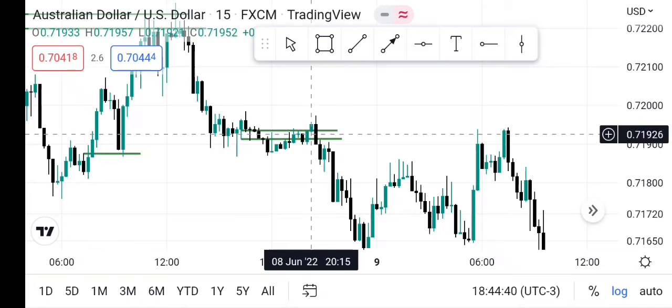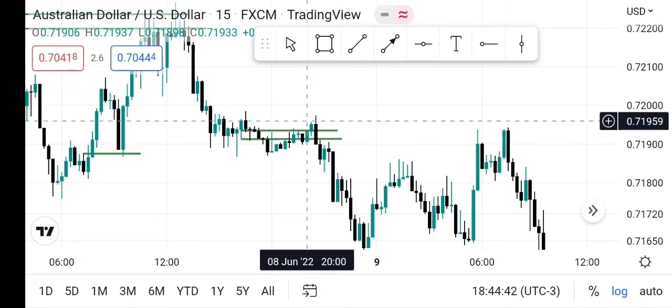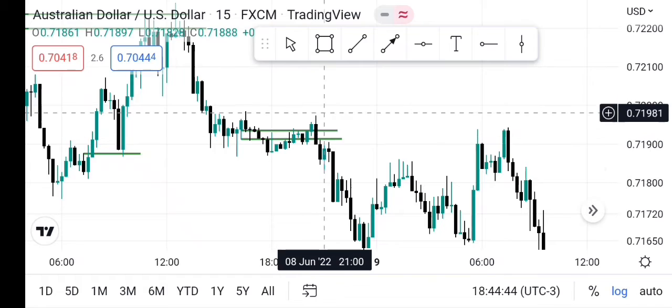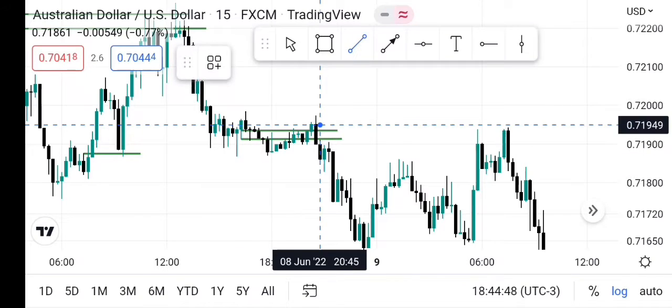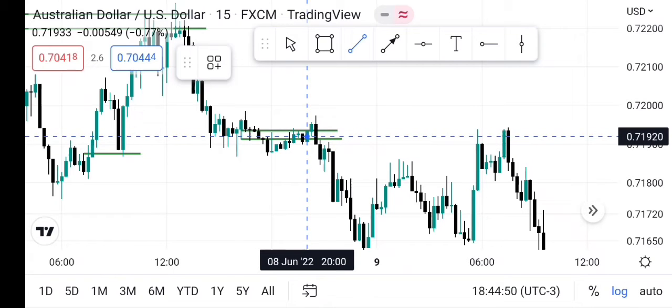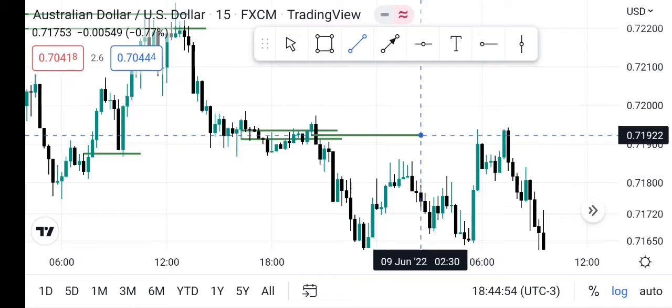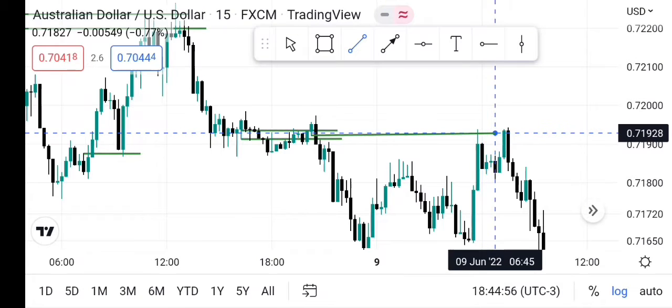Let's take the low of this bullish candle that makes this swing high, and you will see how price reacted to it. That's the low. Draw it out, and then boom.